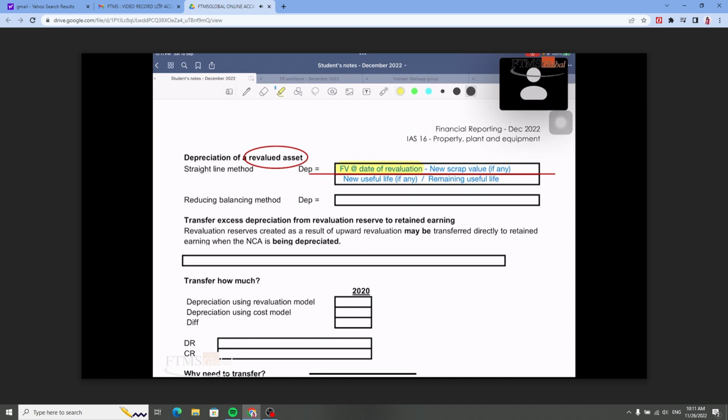So that's how you calculate your depreciation of a revalued asset.